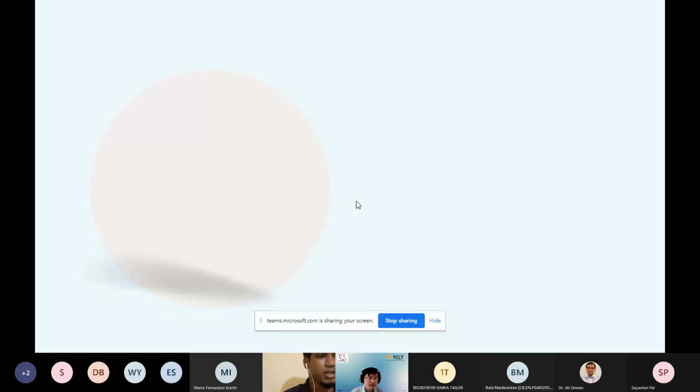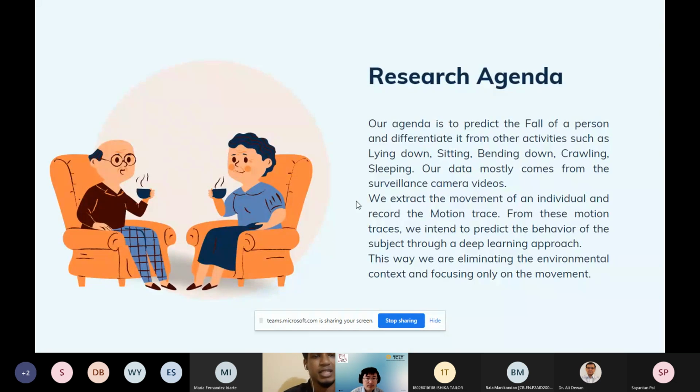Our research agenda, as Professor Mayank said, is detecting the fall of a person when elders are alone at home. We are recognizing the actions of those persons, whether they are lying down or sitting or doing other activities, and differentiating them from the fall activity.